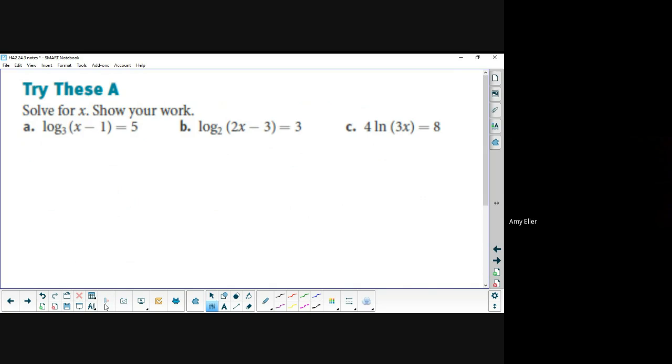You'll know if it's right by plugging it back in. Keep going if you're working. If you need help, think about getting rid of add, subtract, multiply, which we don't have anything that's outside of the log. So we're ready to do inverse of log base 2, which is an exponent that has a base of 2.